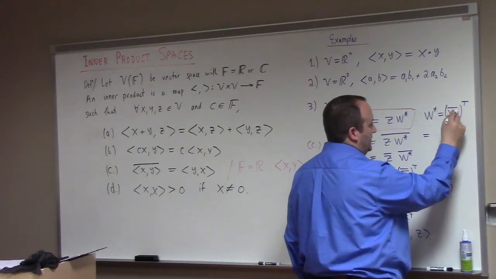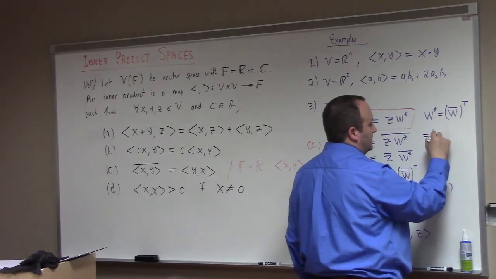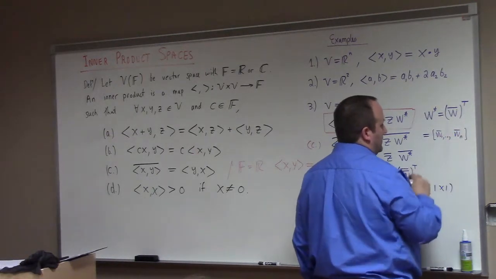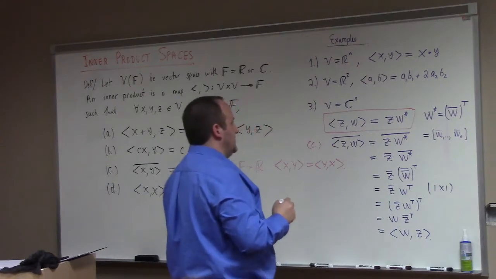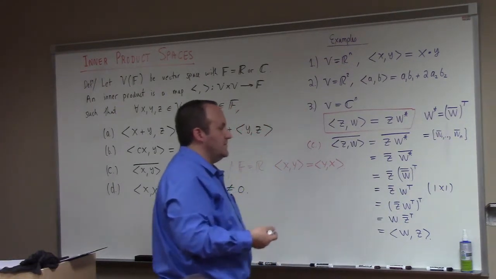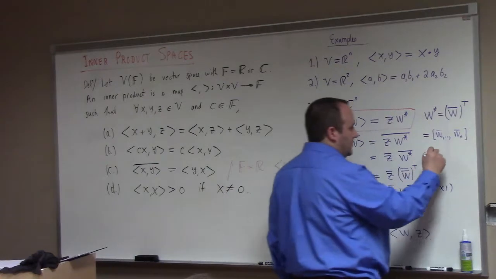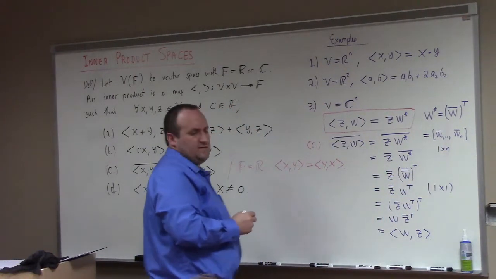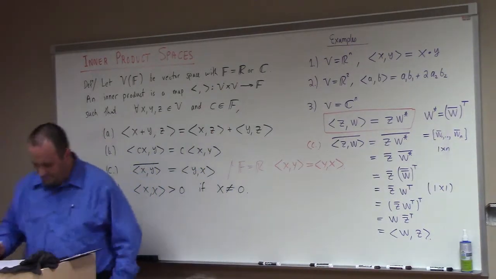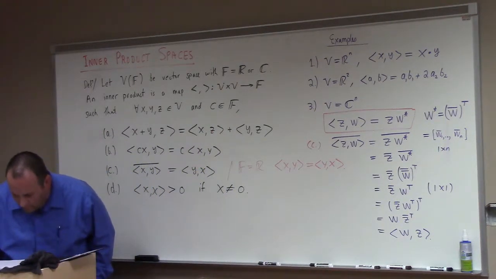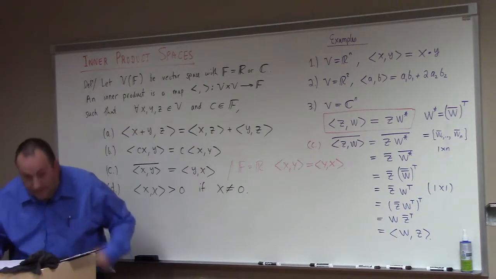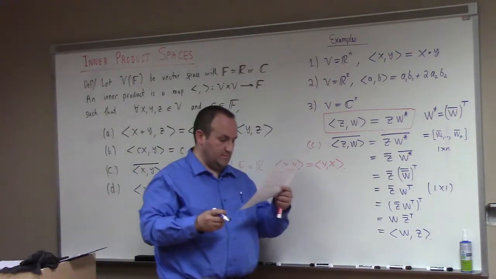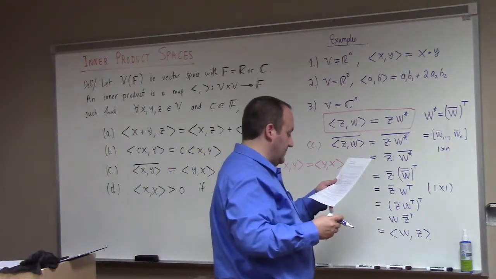Let's see here. Assuming that W is a column vector, that would be what? 1 by n. Oh, man. Oh, idiot. Me, not you. Dang it. I copied that down wrong.